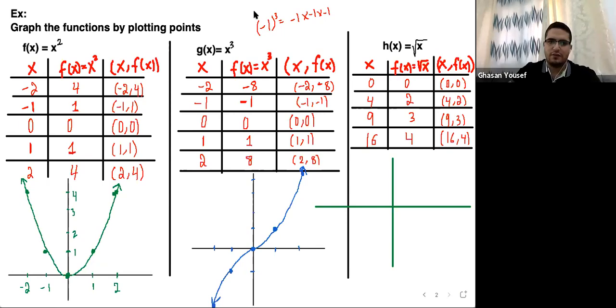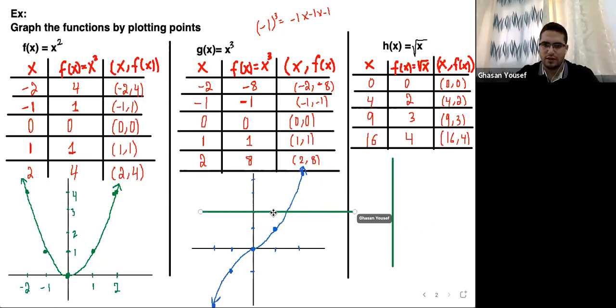Now again, we have to draw the Cartesian plane.